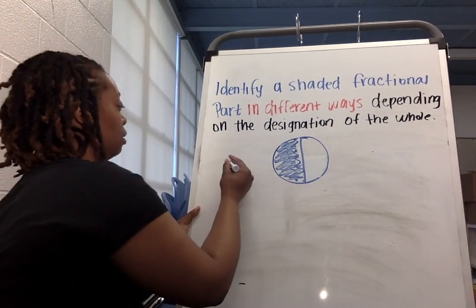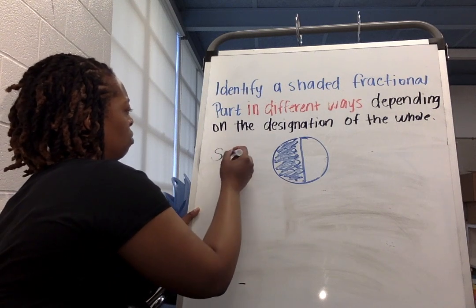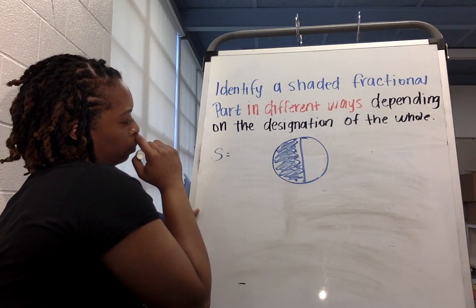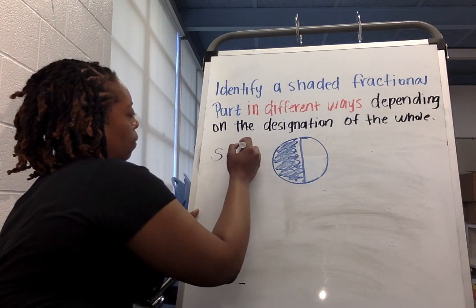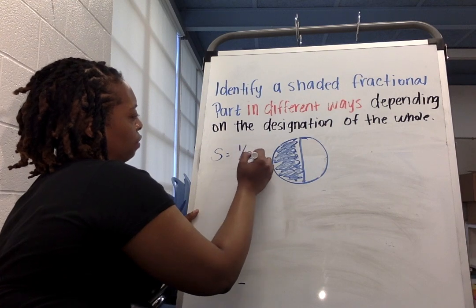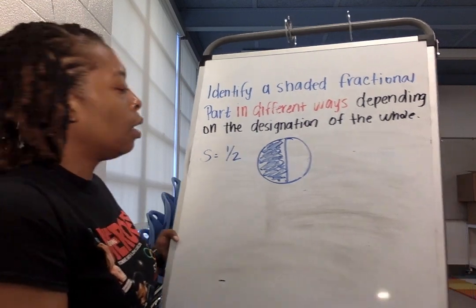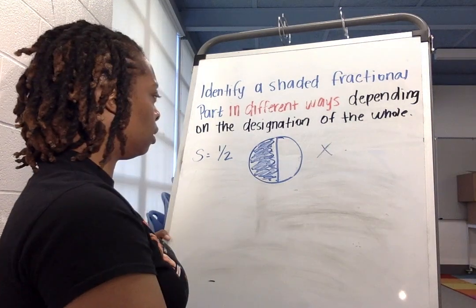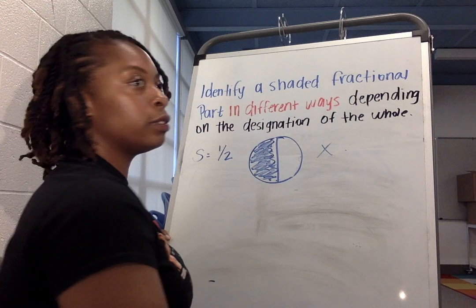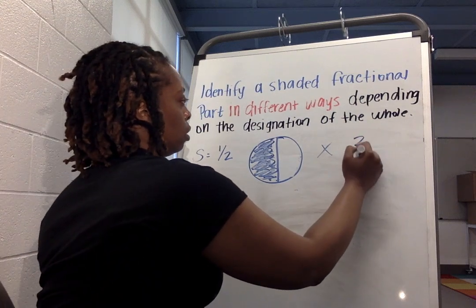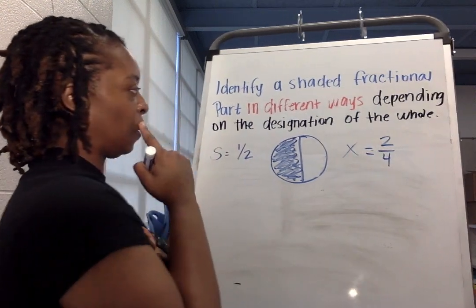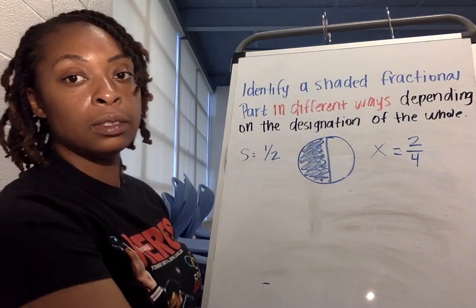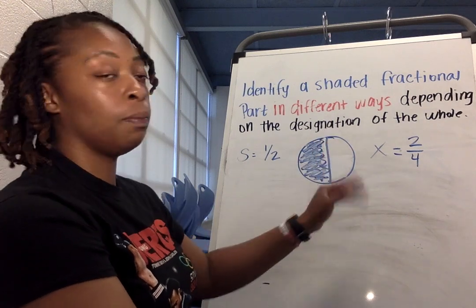So Savannah may say, "Oh, Miss Breeden, you ate 1/2 of a pizza." But Zavi may say, "Oh, Miss Breeden, you ate 2/4 of a pizza." Okay? So Savannah is looking at it like this. Oh, you ate half of a pizza. It's easy to see. It's split right down the middle.